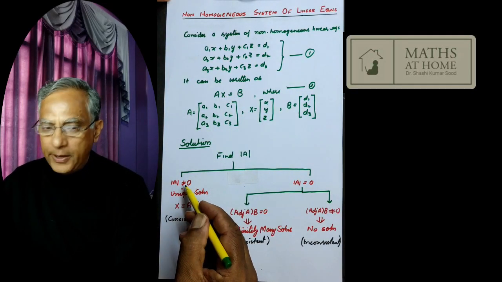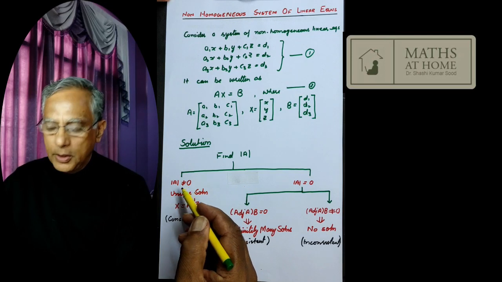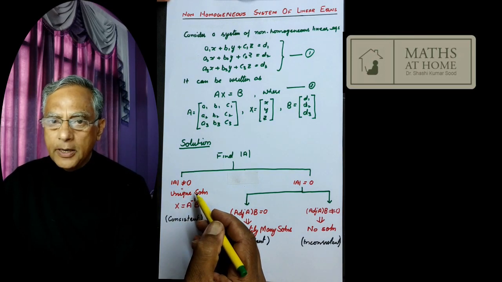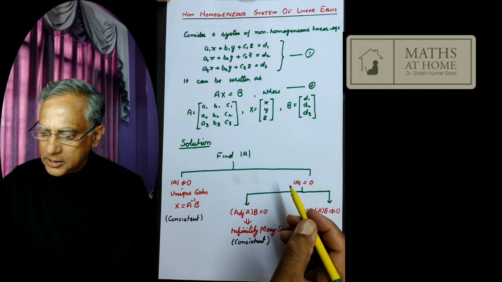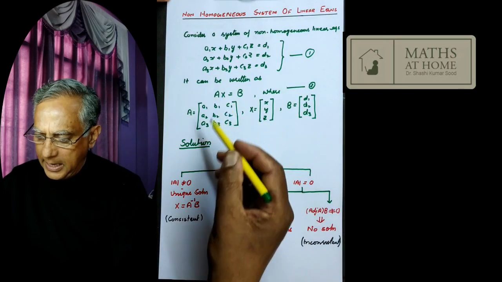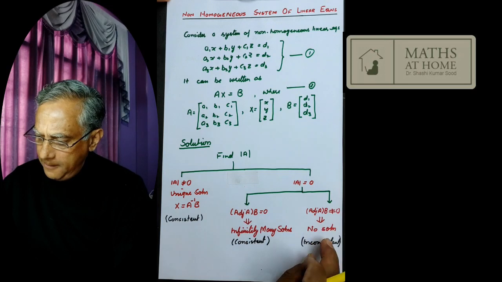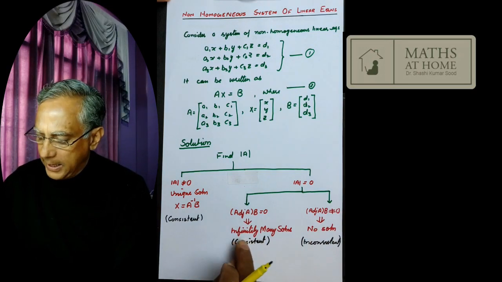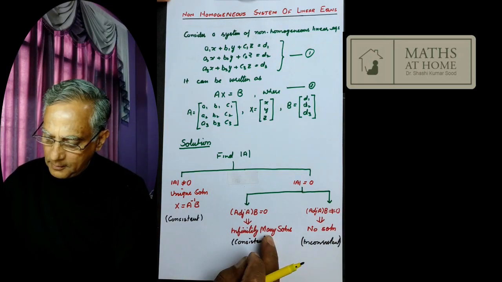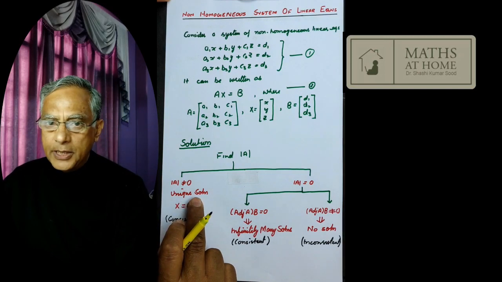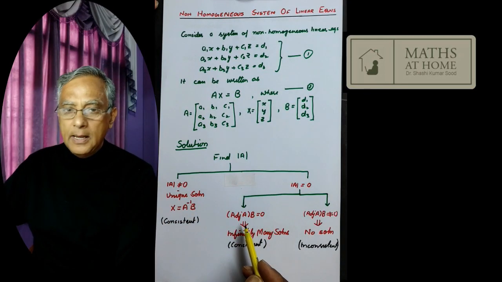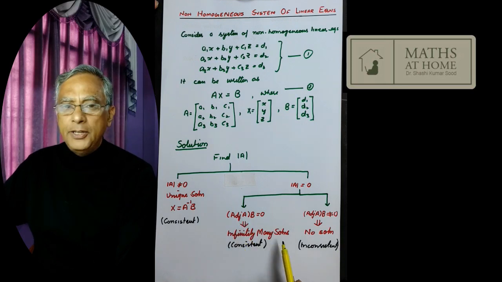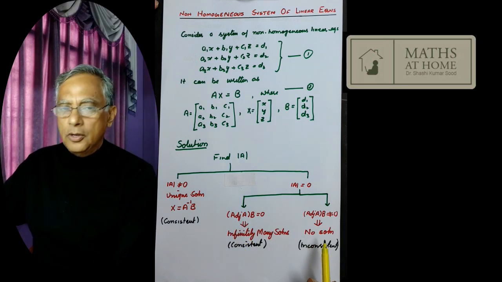But if the determinant of A is 0, then this system of equations either has no solution or infinitely many solutions. The possibility of a unique solution will not exist.